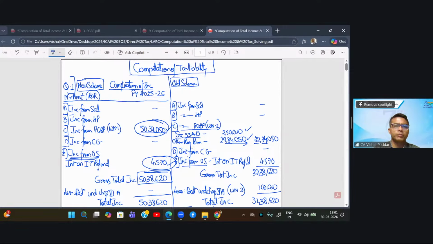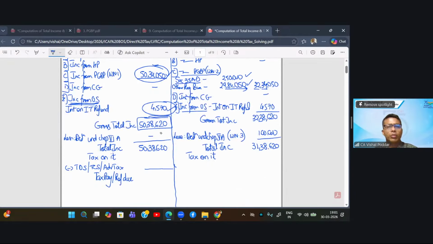Then when it comes to Chapter 6A deductions, you will see here no deductions, except that 1 lakh donation to political parties is allowed as deduction. In the deduction chapter, if you remember, I revised it at the start: under the new scheme, only 3 deductions from the deduction chapter are allowed, but under the old scheme, all the deductions are allowed. Within each head, there are some expenses which are allowed or not allowed between the old scheme and the new scheme.